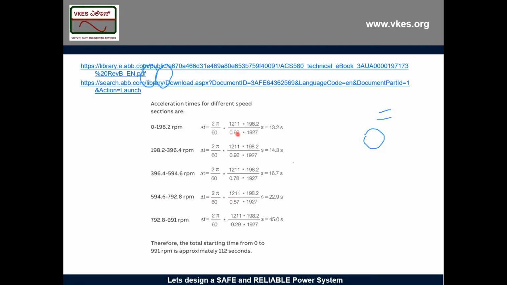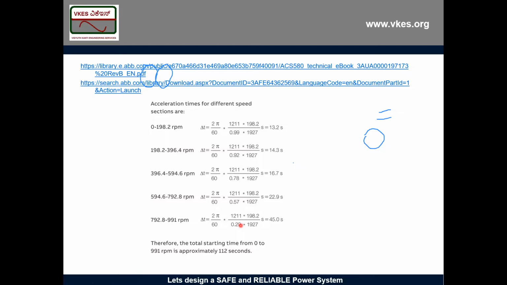As it accelerates, 92, 78, 57, finally when the motor is in the fifth stage, he has taken 29%. So basically 99, 92, 78, 57, 29 are assumed values. Is it clear? Yes, sir.